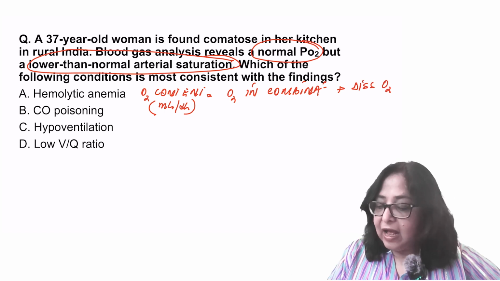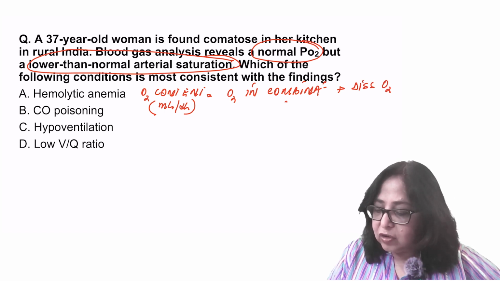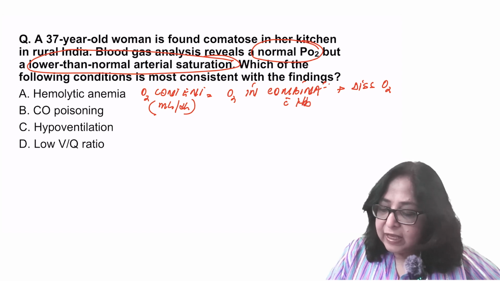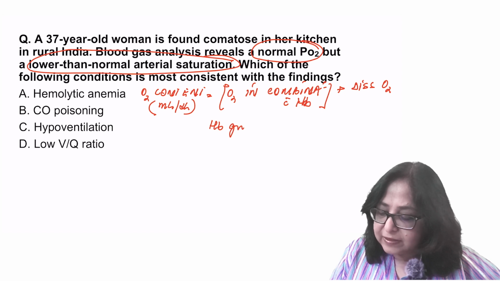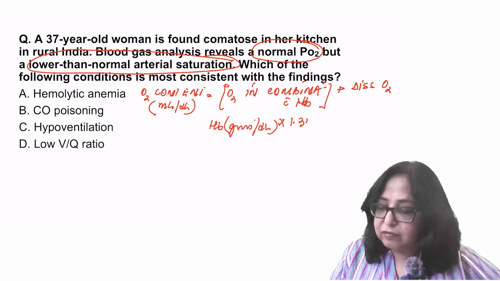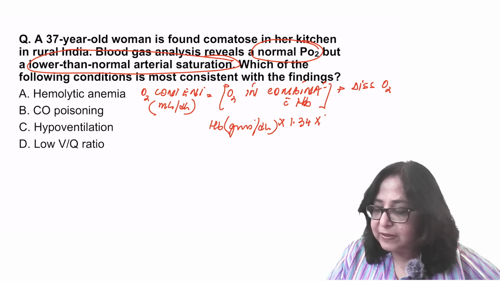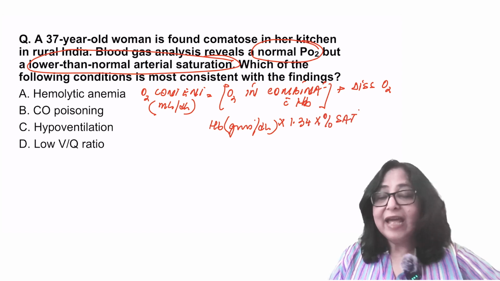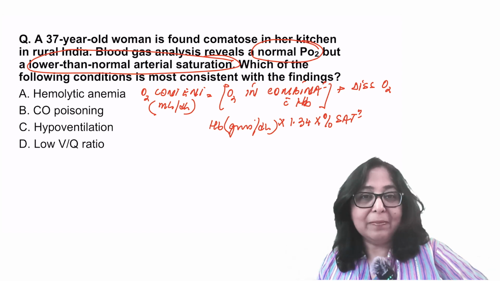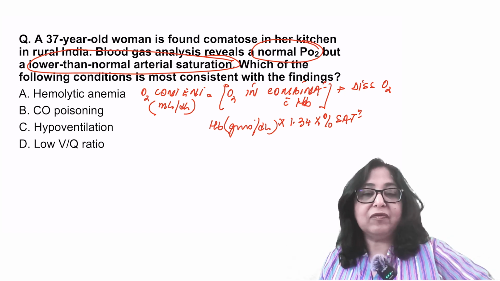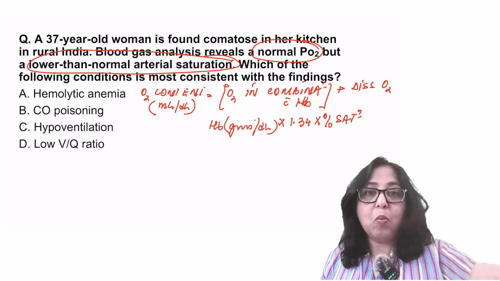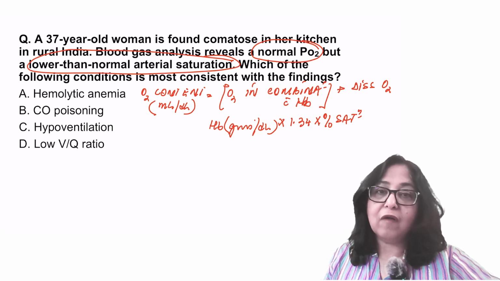And how do we calculate the oxygen in combination with hemoglobin? We take the hemoglobin in grams per deciliter into 1.34 into the percentage saturation. Now, why did I multiply by 1.34? Because 1 gram of hemoglobin can carry 1.34 ml of oxygen.